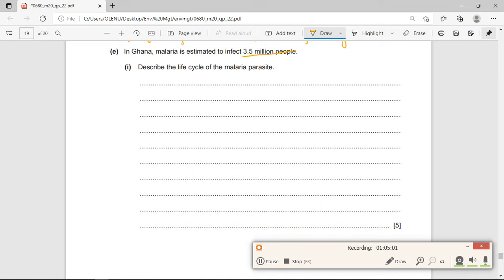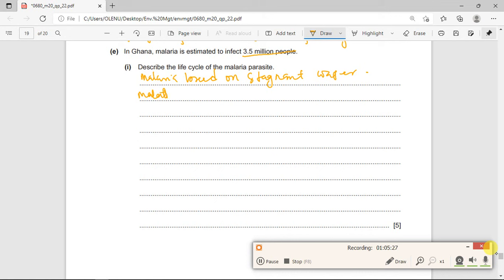First, you know that malaria breeds on stagnant water. The malaria parasite called Plasmodium is transported by the female Anopheles mosquito.